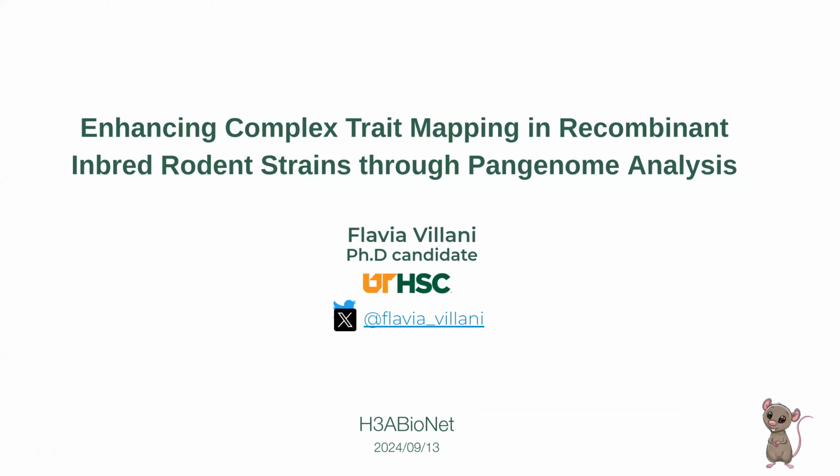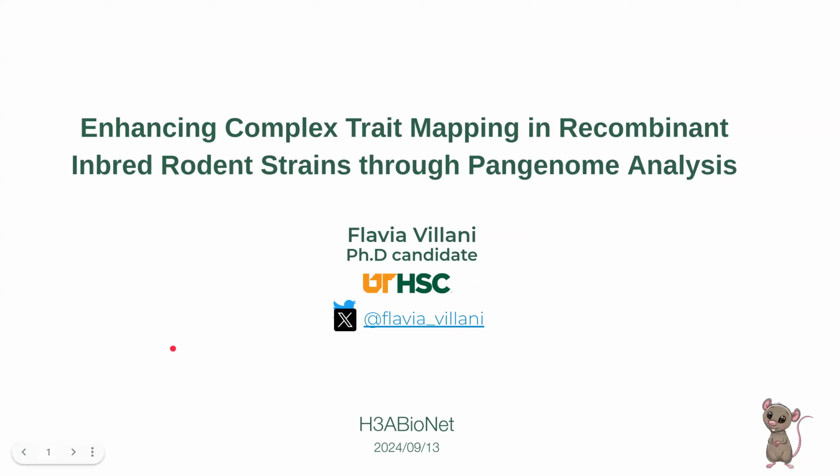Currently, she is a PhD candidate at the University of Tennessee Health Science Center. She is building the pangenome model of organisms, inbred mice and rats, using a combination of second and third generation sequence data, for translation to discovery in humans.